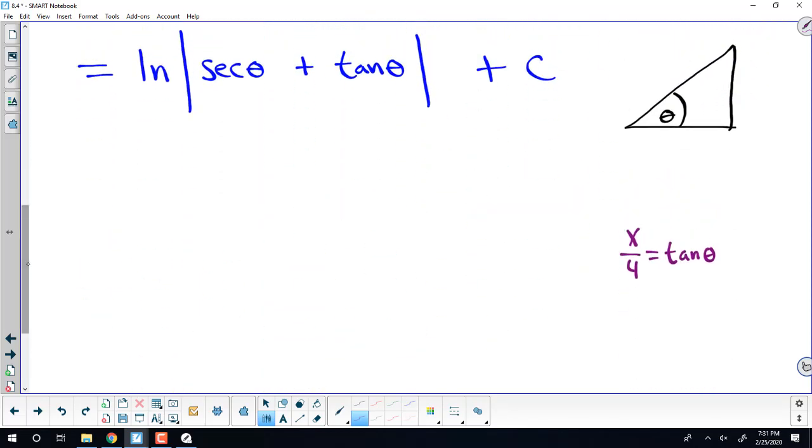X over 4 was tangent, so we have this side, this side, opposite over adjacent, and this side is the square root of 16 plus x squared.